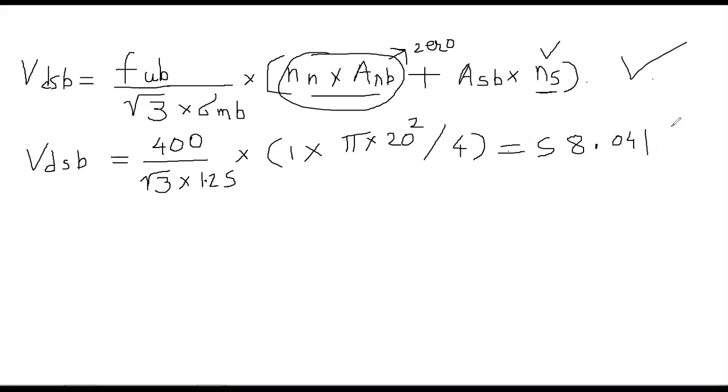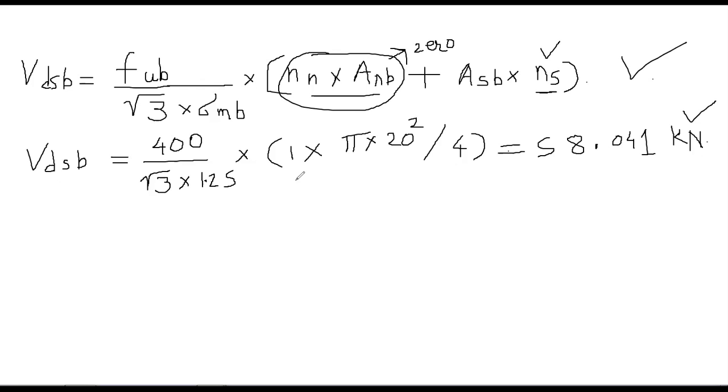You can calculate this value from your calculator. Whatever value we take here, this 400, we take it from our IS code. Whatever value you get in Newton, convert that Newton value into kilonewton, divide it by 1000, you will get the value in kilonewton.